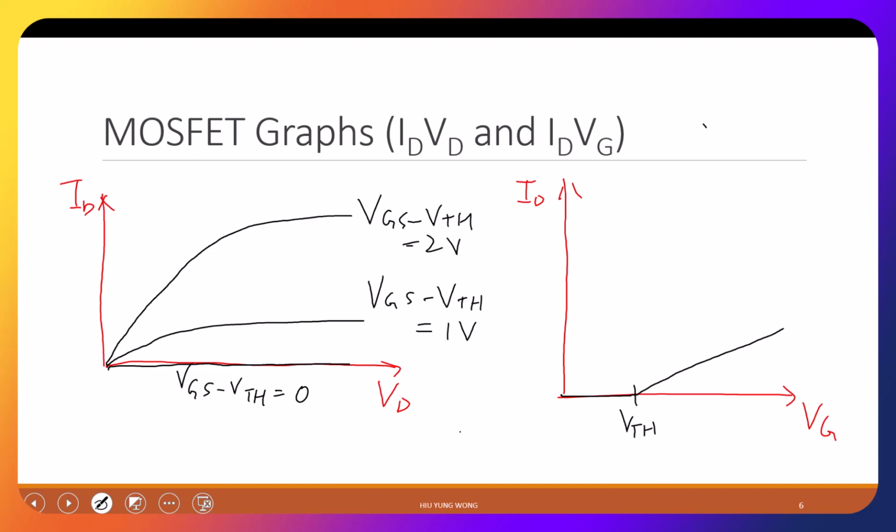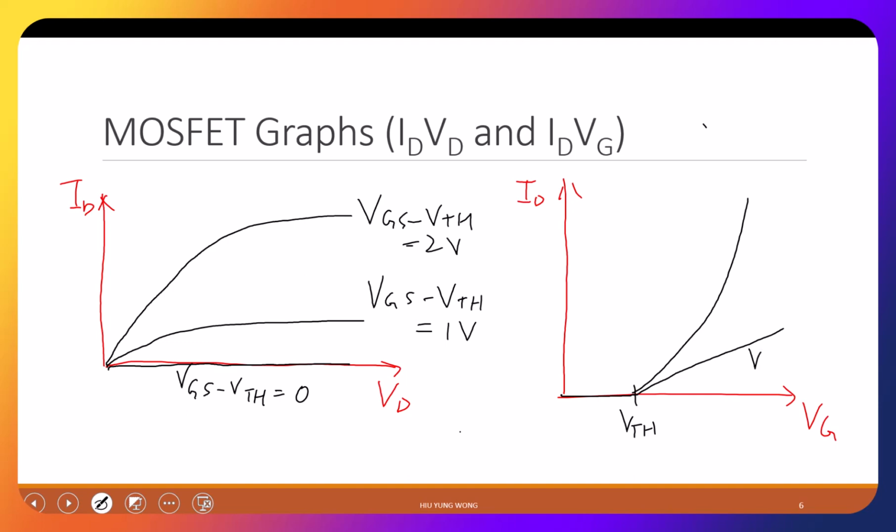And again, you will see that it might give you two curves. Why do we have two curves again? Why do I have different curves for the same transistor? Because it depends on VD.